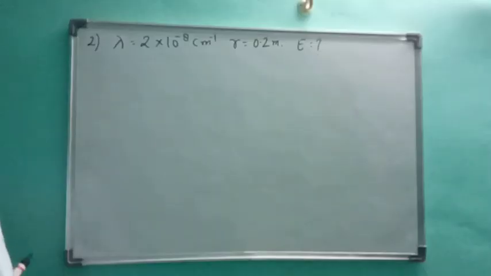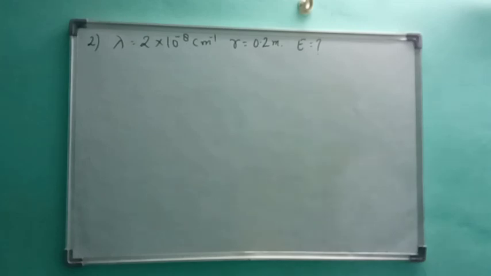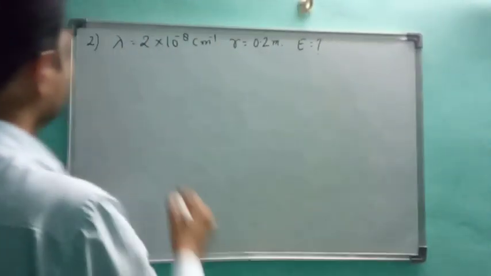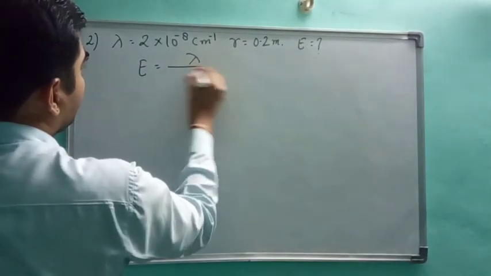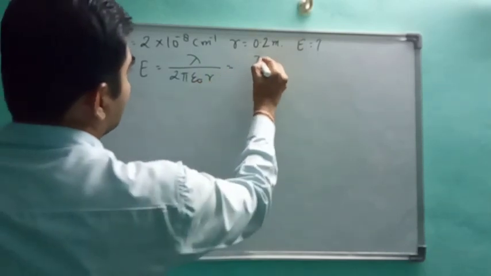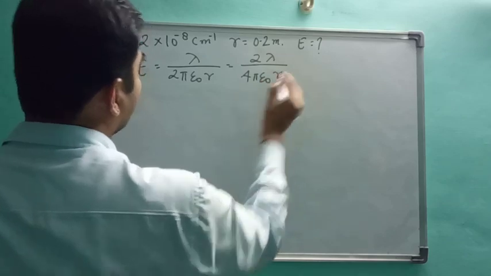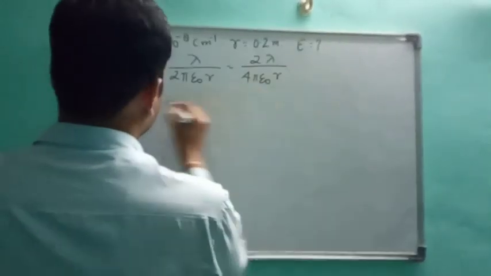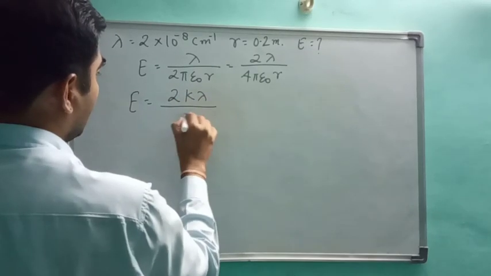Okay, my dear friends, write down. So E is equal to lambda upon 2 pi E naught R. Here 2 pi E naught R times 2 is 4 pi E naught R. So E is equal to 2k lambda upon R.